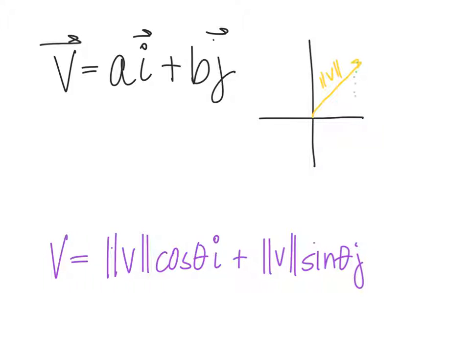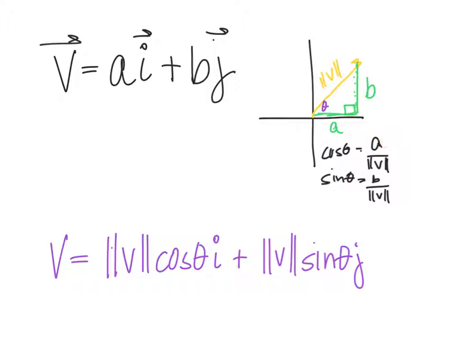If we drop a line here and create a right triangle, then we see that the horizontal component a is right there and the vertical component b is right there. Let's call theta this angle. So cosine of theta is adjacent over hypotenuse, and sine of theta is opposite over hypotenuse.